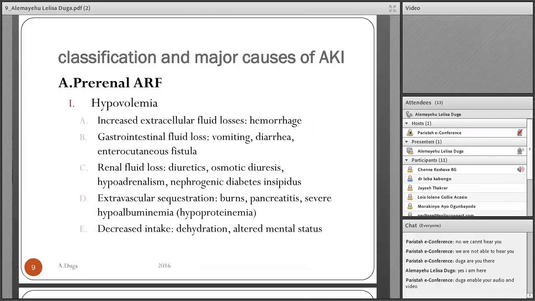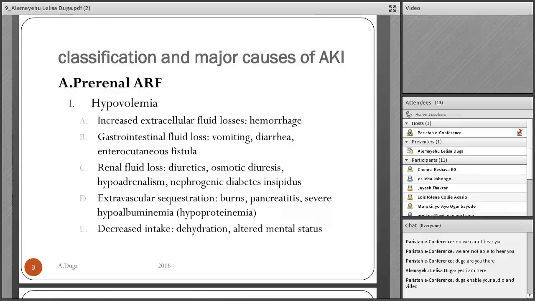So classification in major causes. Pre-renal acute kidney failure can be due to hypovolemia, that is due to reduced blood flow, which is usually caused by hemorrhage, gastrointestinal fluid loss like vomiting and diarrhea, and renal fluid loss due to diuretics, especially osmotic diuresis, which can be the major cause.